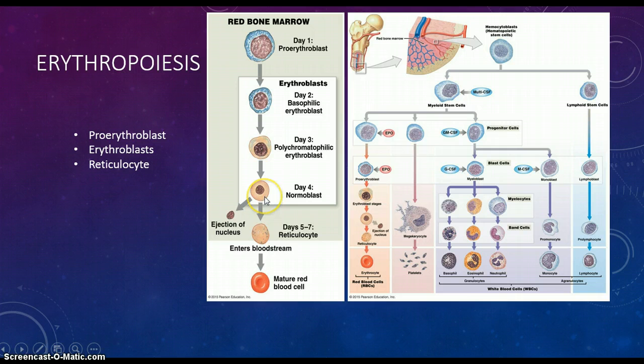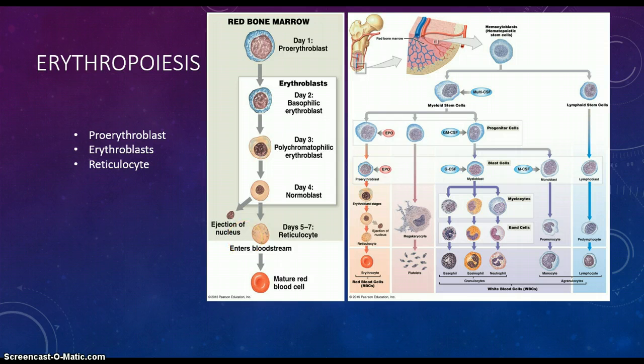About day 4, our normoblast ejects its nucleus and becomes a reticulocyte, existing about days 5 to 7, still in the red bone marrow. At this time, the hemoglobin is still being synthesized. mRNA is still present in the cytoplasm, and so our cell can continue its hemoglobin synthesis.